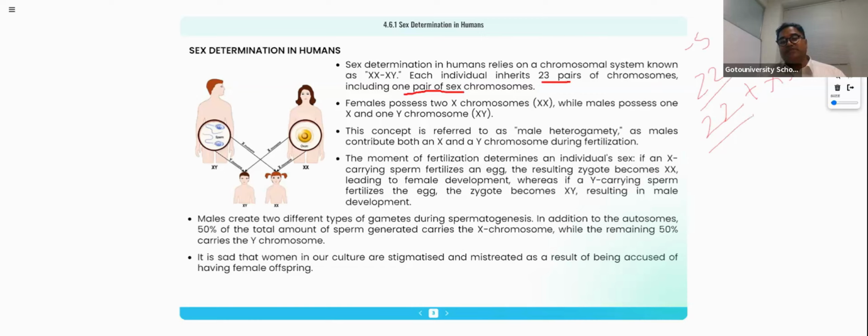So now we are coming to the second phase of explanation. In this particular concept, the egg is always with the X chromosome only. If the sperm with the X chromosome and the egg with the X chromosome get fused, in the sense that fertilization is completed, obviously the resultant will be a female offspring, right?